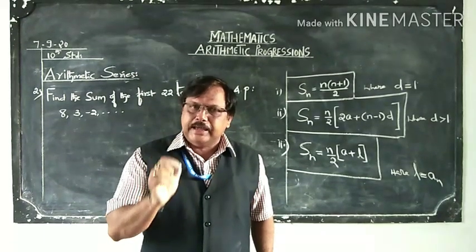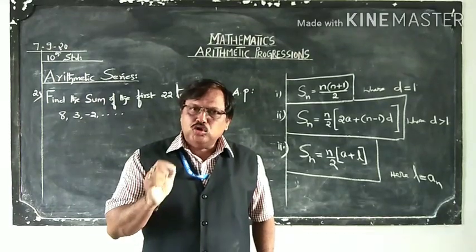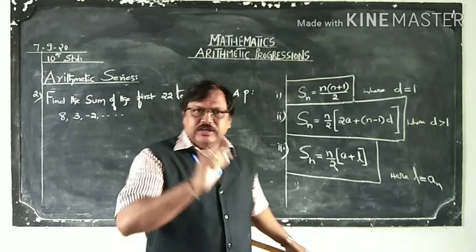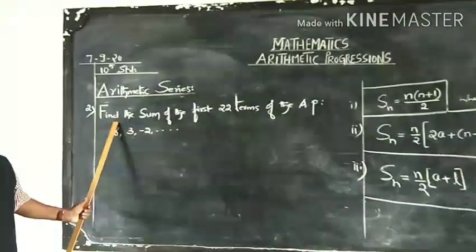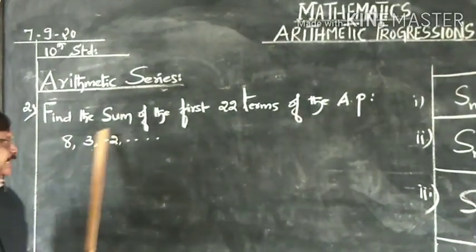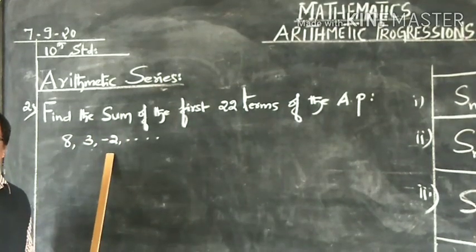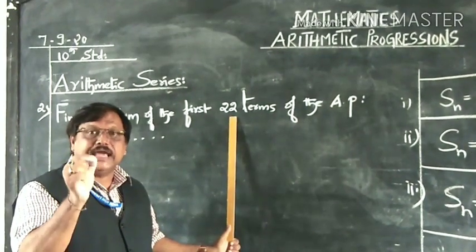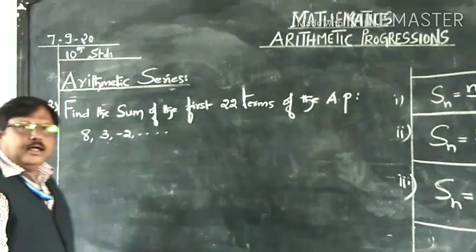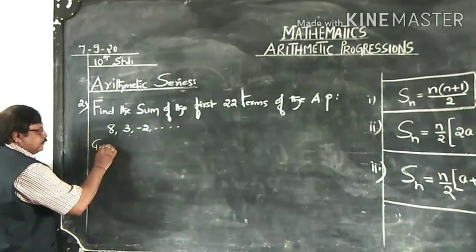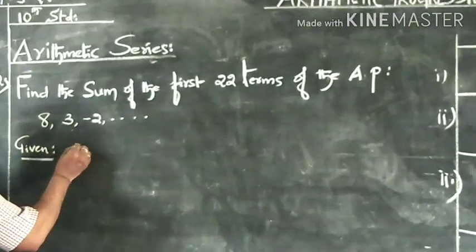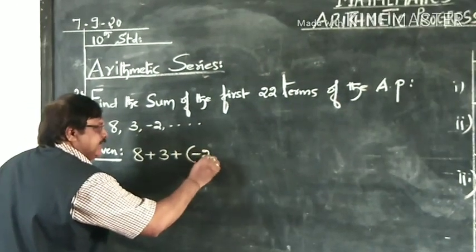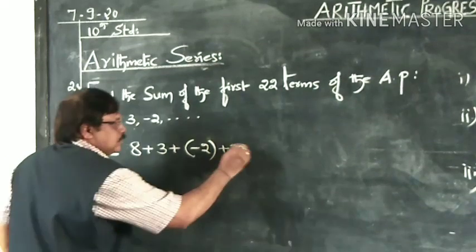Now it is very important how to apply the following formula. You see this question. Find the sum of the given AP, the first 22 terms. In the given, you have n is equal to 22. The given AP is 8 plus 3 plus minus 2 plus so on.